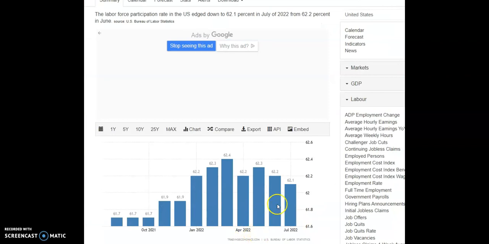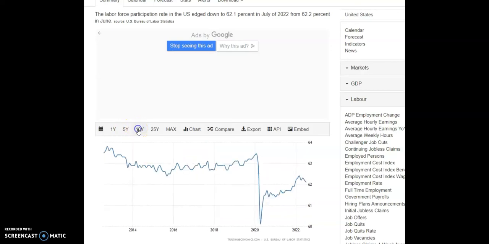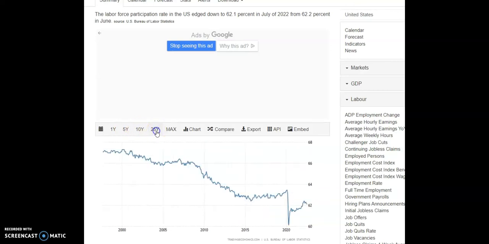But let's go back a little bit further. We've got 1 year. Let's go back 5 years, see if we see anything interesting. Well, this is interesting, and this is clearly the COVID pandemic, where labor force participation dropped from 63.5 all the way down to almost 60. 5 years, which I just did, 10 years, 25 years.